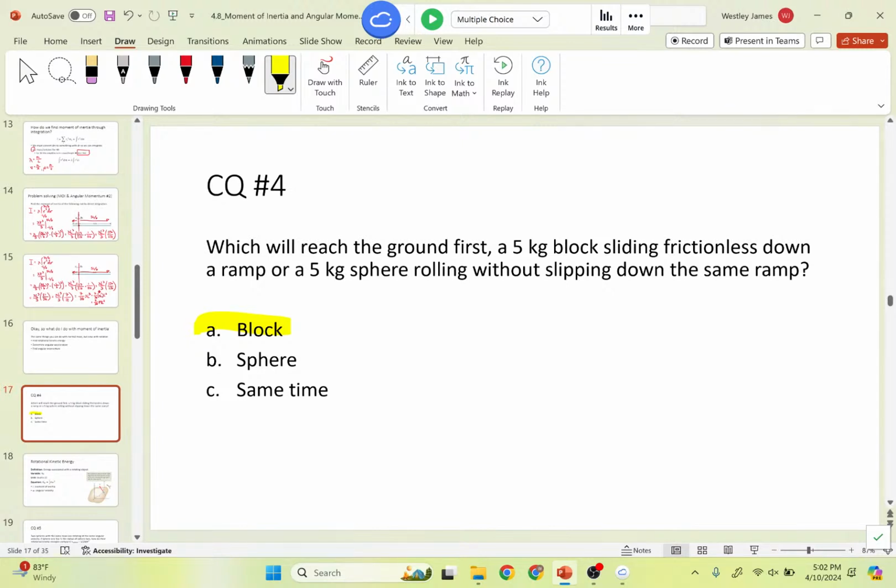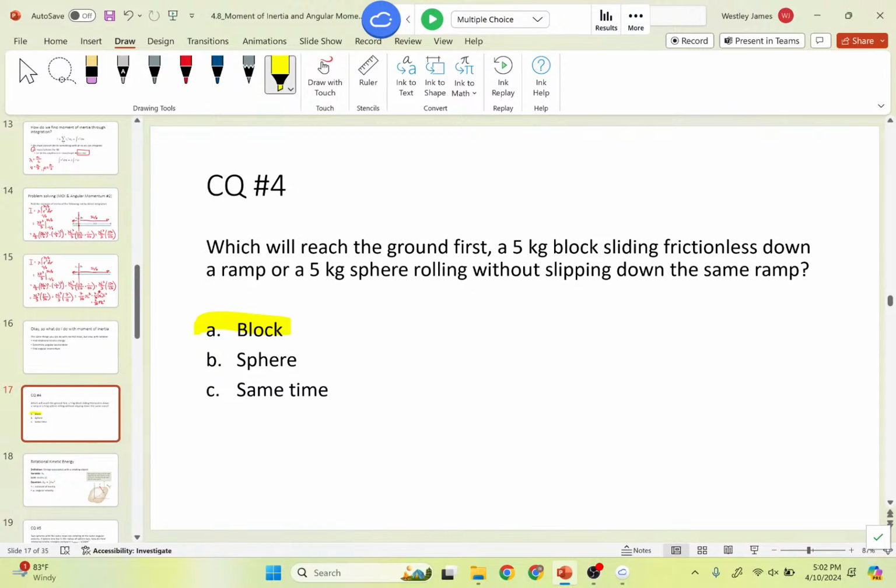So let's say the sphere's on the frictionless surface. Fun fact, if this sphere was on a frictionless ramp, it would just slide down and they would reach the bottom at the same time. Even with the inertia thing that we were talking about? Yeah, it wouldn't matter. It wouldn't spin. Yeah, that's a great question.